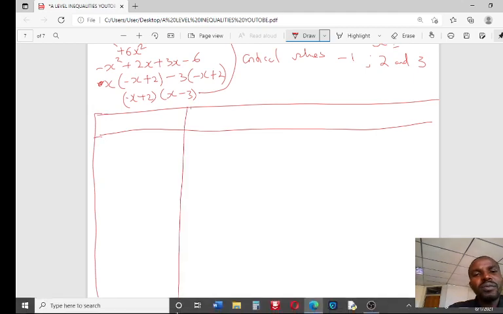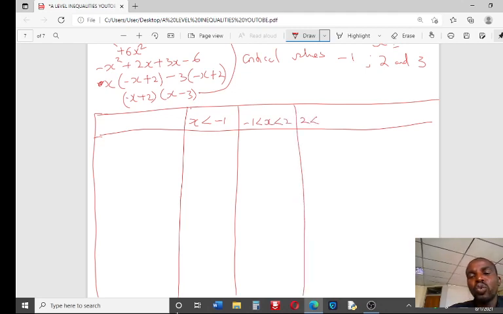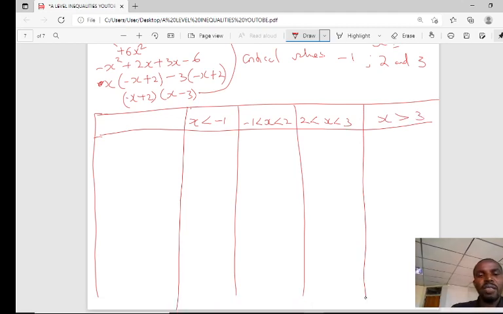The first one, x less than the smallest one, which is -1, followed by x lies between -1 and 2, followed by x lies between 2 and 3, followed by x greater than 3, like this.